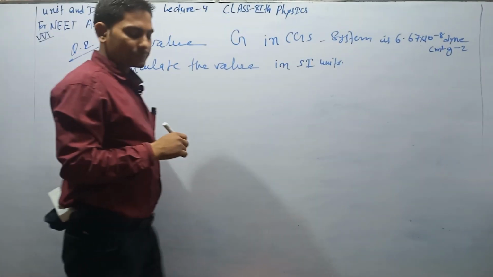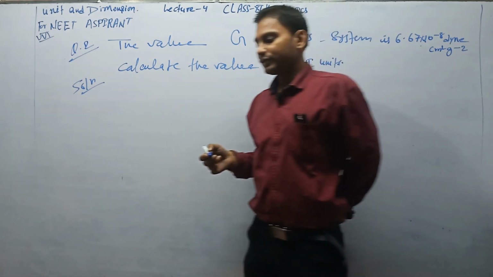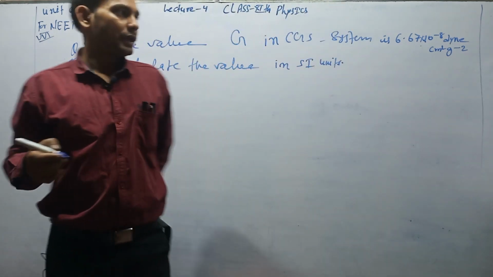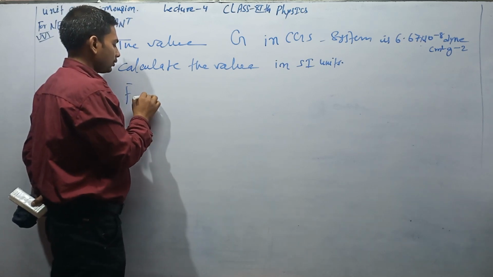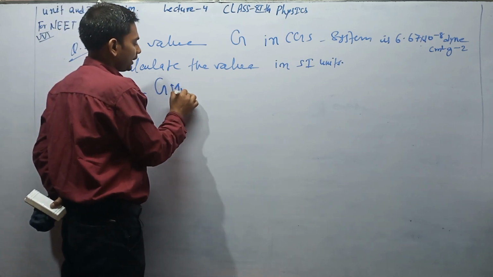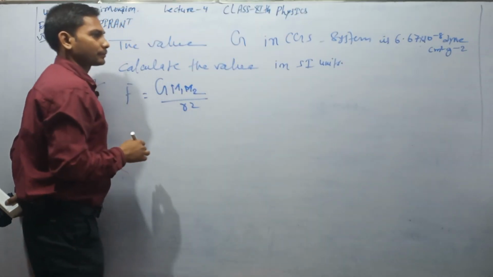First of all, we know that from gravitational force, F equals capital G m1 m2 upon r square.